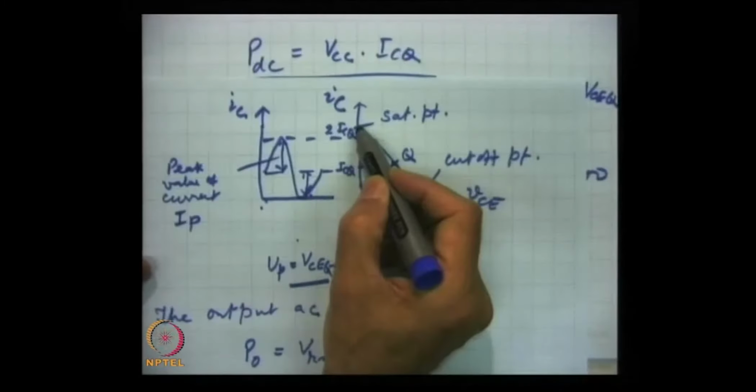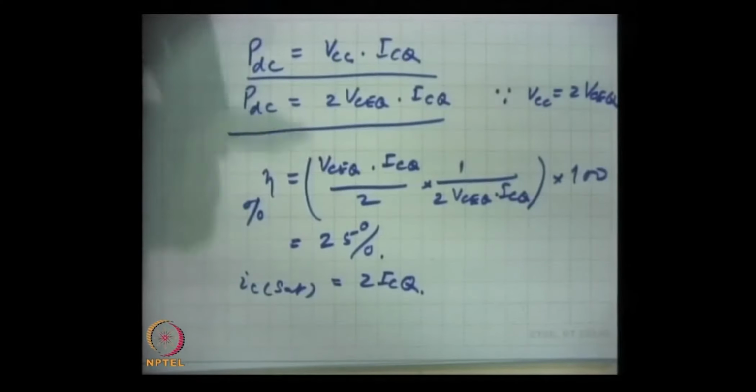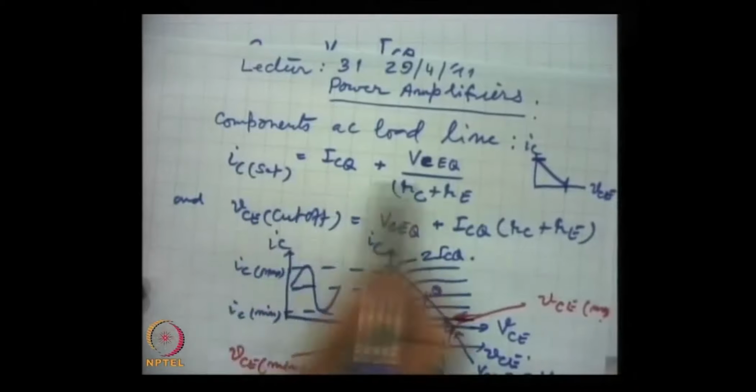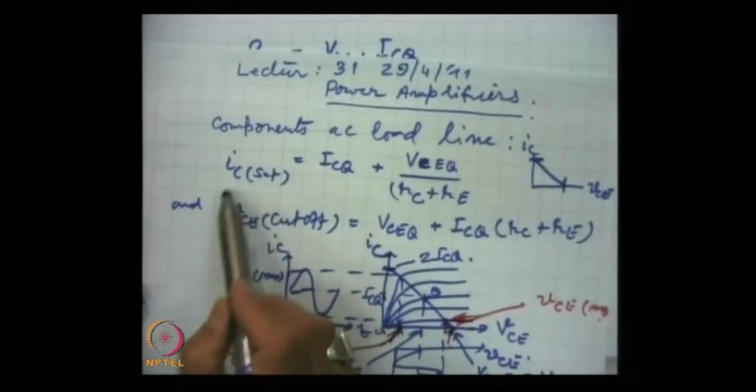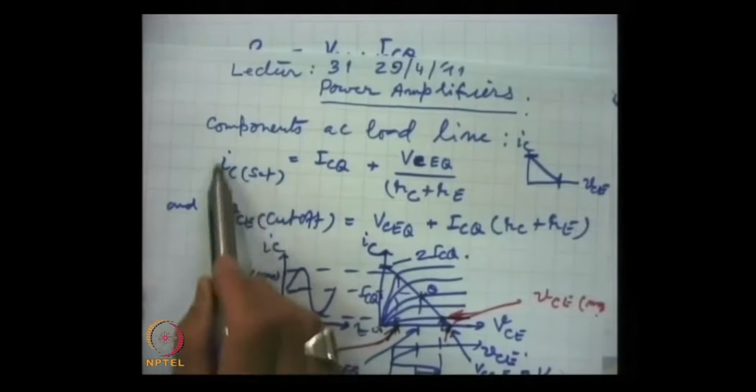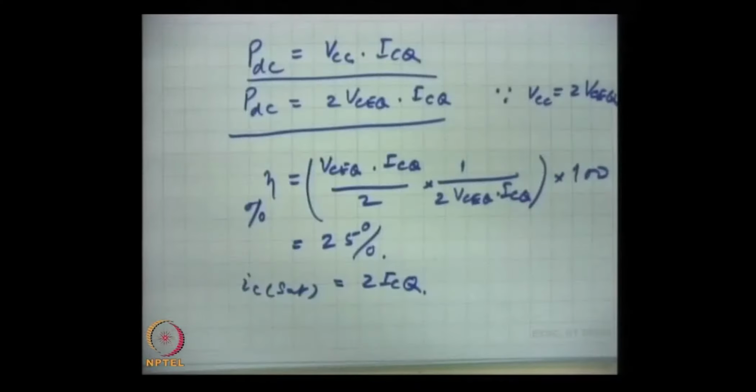This point IC set is 2 ICQ. Now in the equation which we derived here in the beginning, that IC set is equal to this. So now if we put this as 2 ICQ, we get a condition.